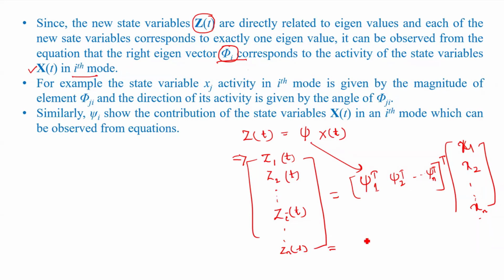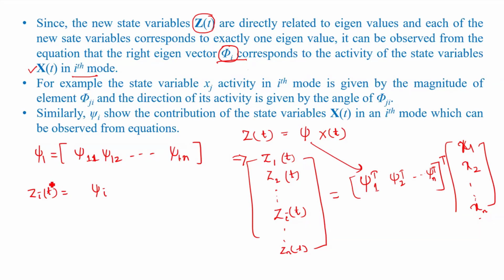So now, if I suppose write one element in the z matrix, let us say z_i(t), it will be nothing but psi_i. If you write psi_1, it is psi_11, psi_12 dotted up to psi_1n, right?